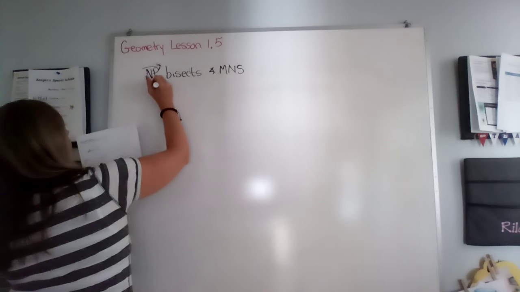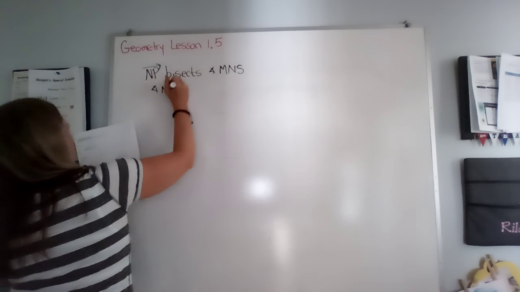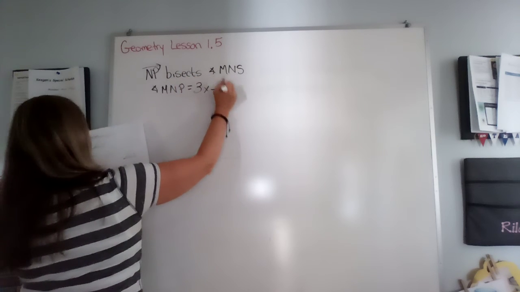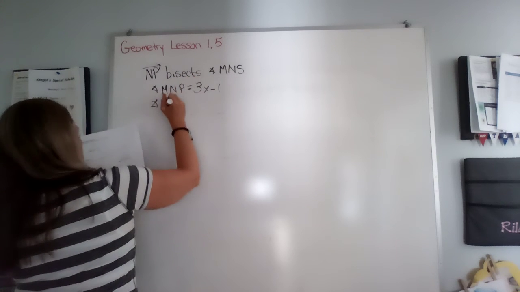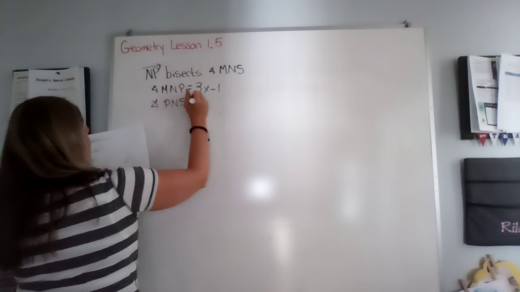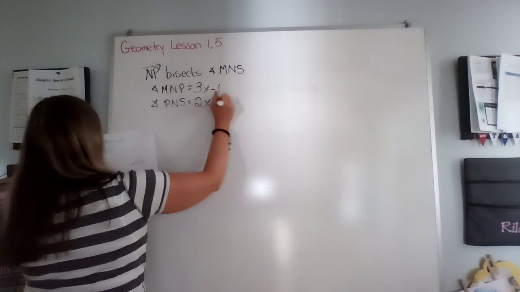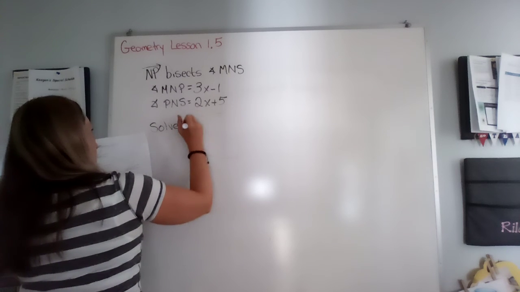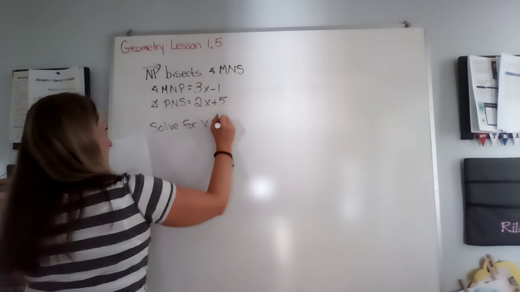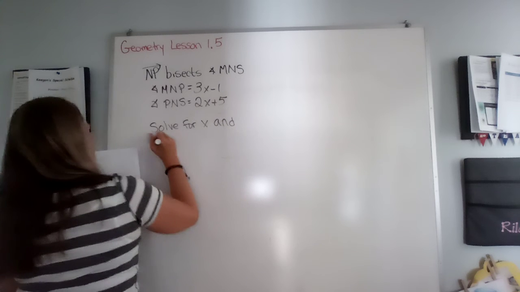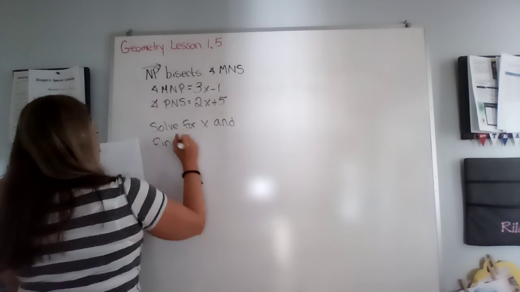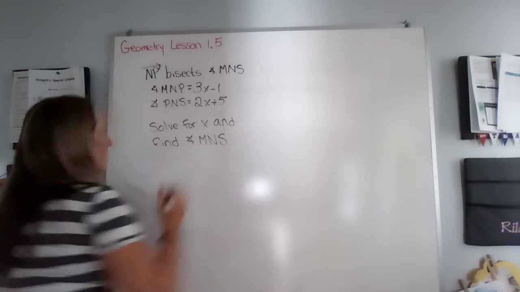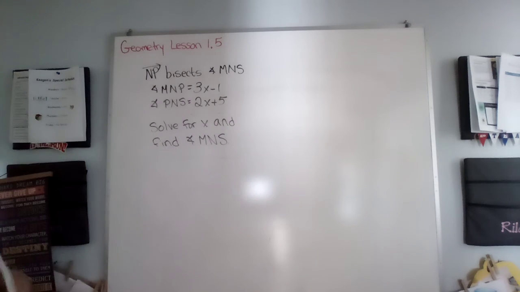All right, and then you're also given that angle MNP is equal to 3x minus 1, and angle PNS is equal to 2x plus 5, and you're asked to solve for x and find angle MNS. All right, so let me draw the diagram and then we'll get started.